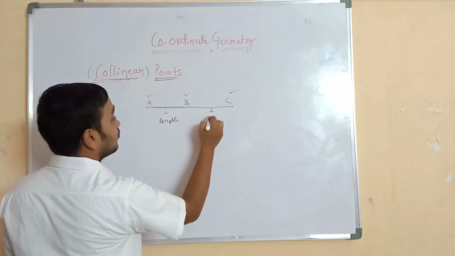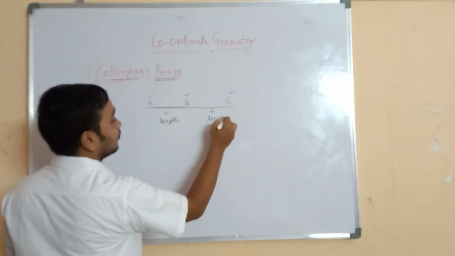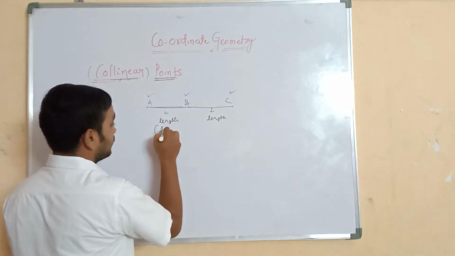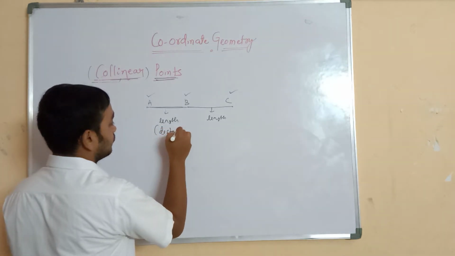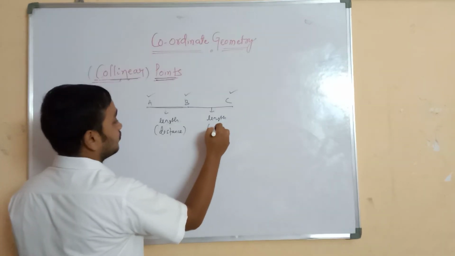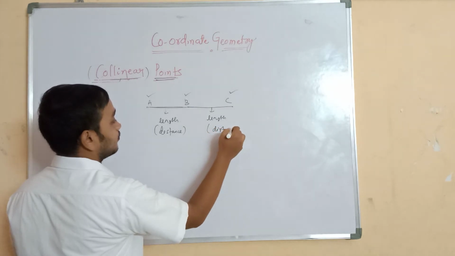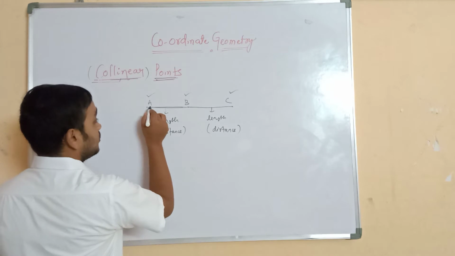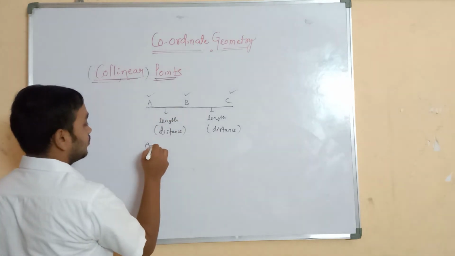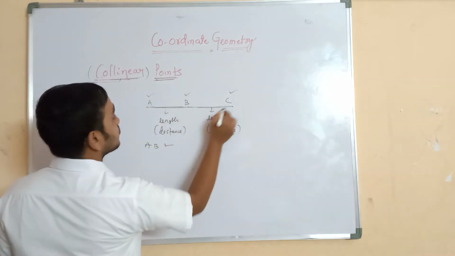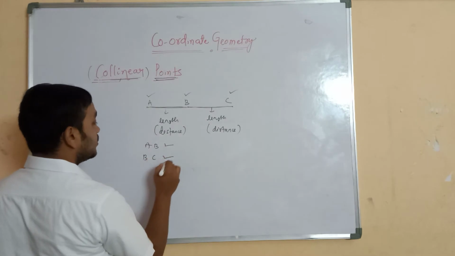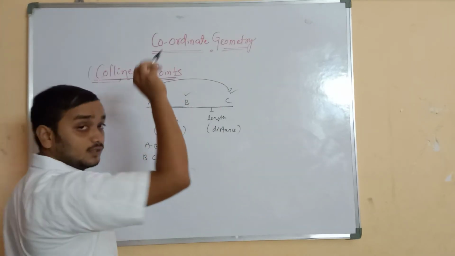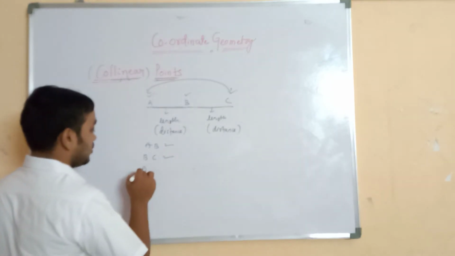What can we call length? Distance. Yes or no? How many parts is it divided into? This is a small length, AB. This is another small length, that is BC. Then the total whole part is AC.